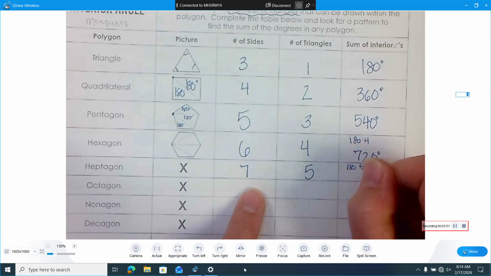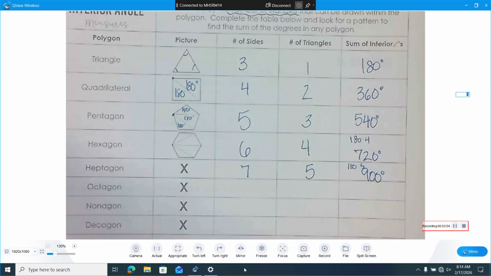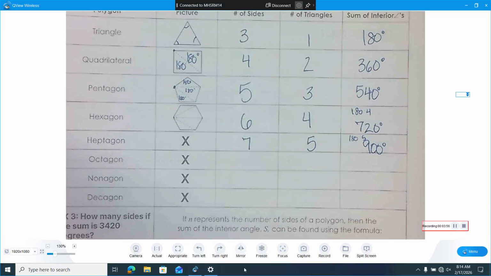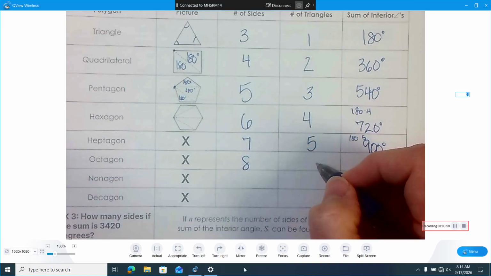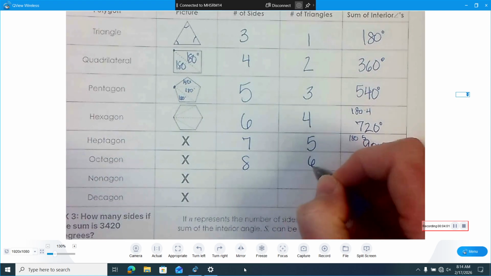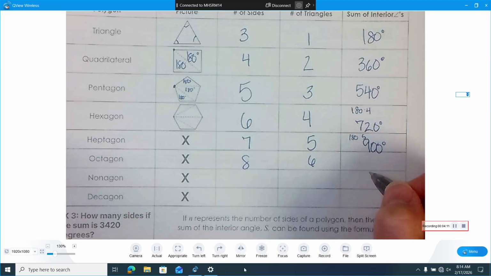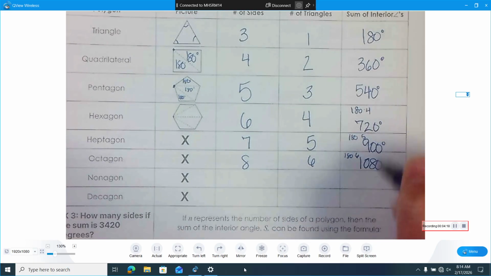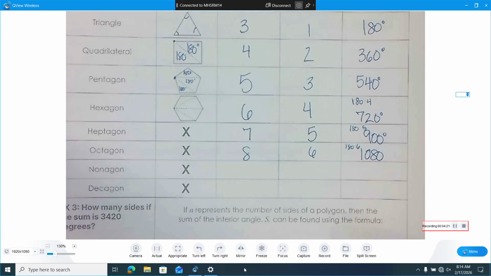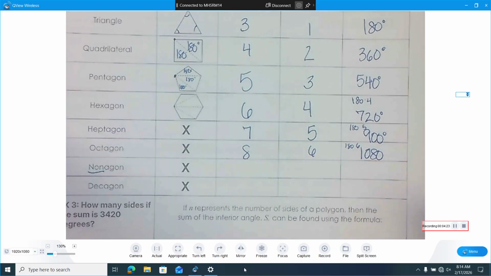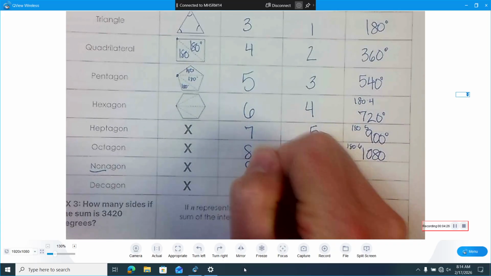And that's going to be 900. Good. Octagon has how many sides? 8, which means that's going to have how many triangles? 6 triangles. And then to get the number of degrees, it's going to be 1,080. Again, that's 180 times 6, so just adding another 180 to that. Nonagon. What's a nonagon? 9-sided.